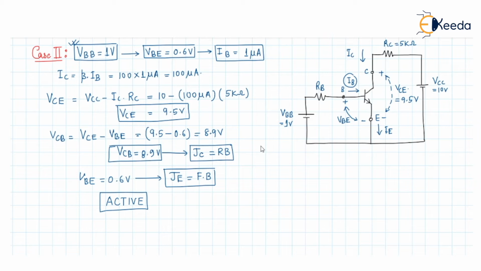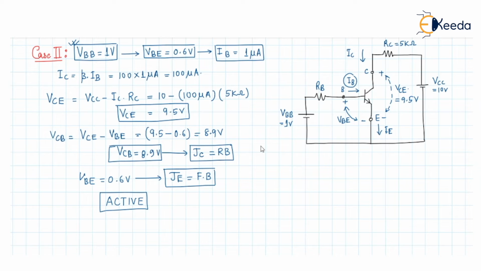So in the active region of operation, we can find the equivalent circuit of this transistor like this. The transistor part will be replaced by a diode and dependent current source circuit in this format.